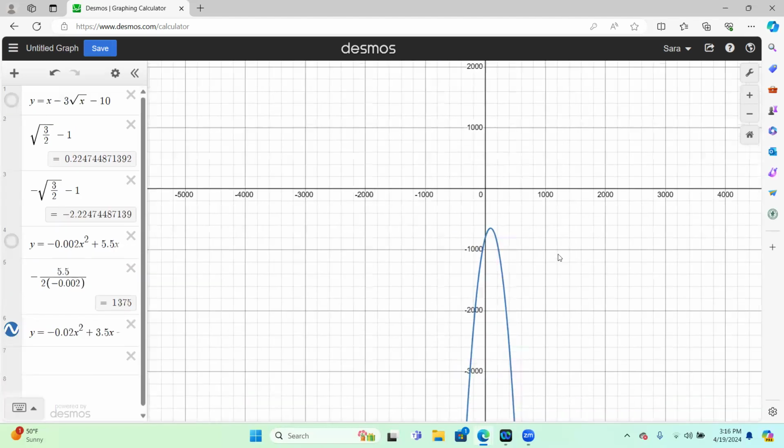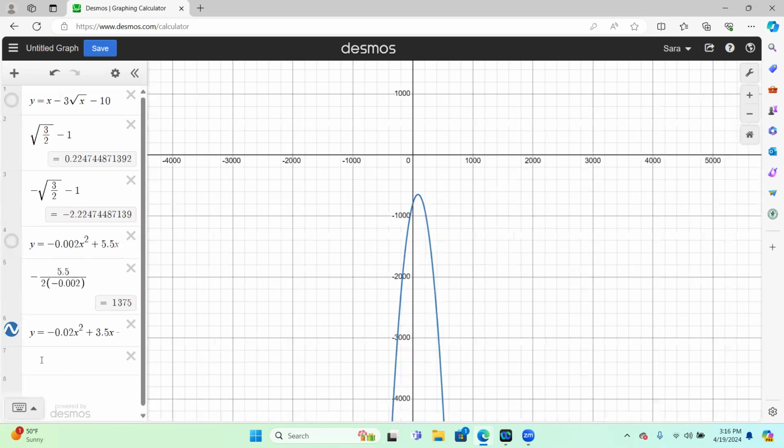It's never going to make money because their costs must be too high. This $800 is too high. And you can see that we never go above zero on our profits.